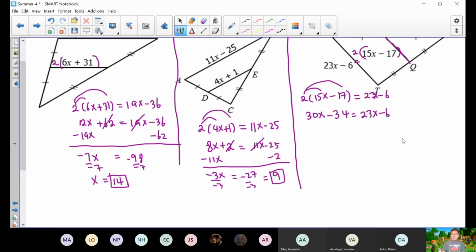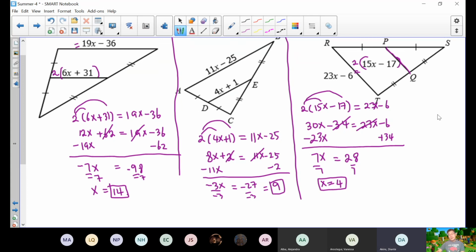When you do this, cross out negative 23x, cross out plus 34. So when you do this, 7x equals 28. Divide by 7, x equals 4. We got this, right? Now.